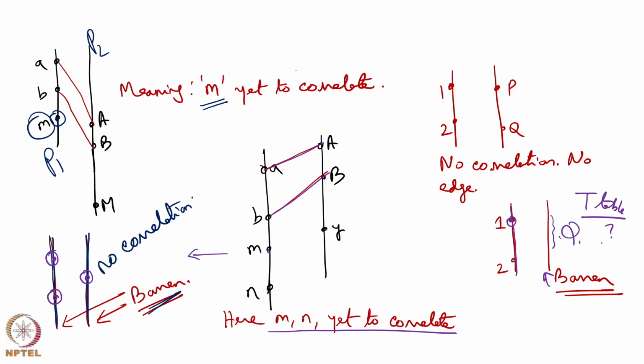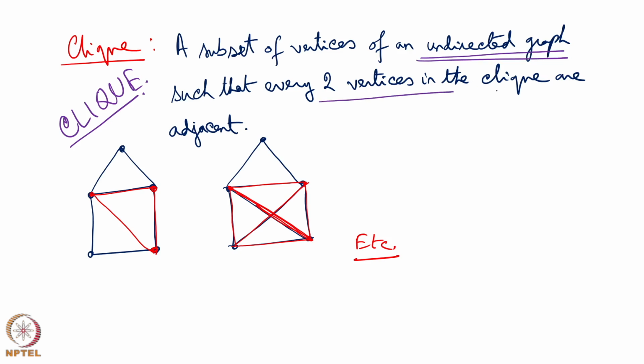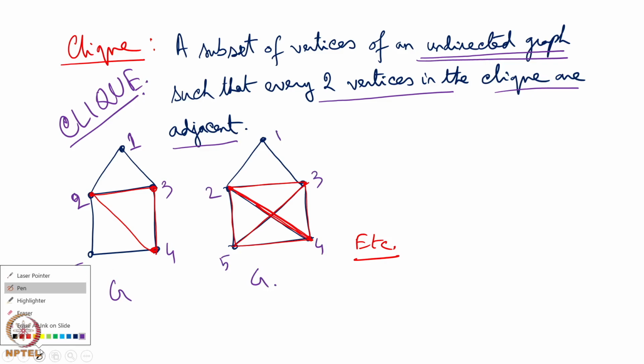That is the question. Let us define a clique. It is a subset of vertices of an undirected graph, that means a graph which is not a digraph or directed graph, a graph without any arrows, such that every two vertices in the clique are adjacent. So, this is a graph G. Name these vertices 1, 2, 3, 4 and 5, and here take these 3 vertices and they are adjacent because they share a common vertex.